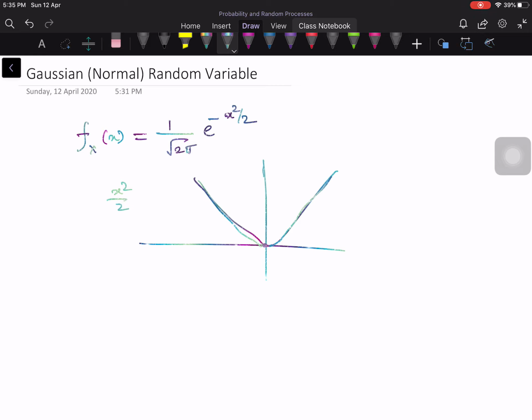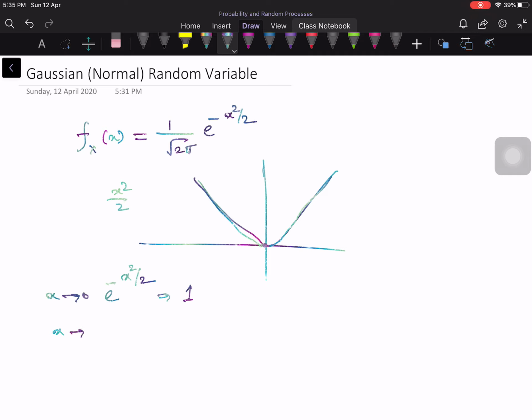Now take this x squared over 2, take the negative of it, and raise e to it. Therefore we take the negative exponential, so e to the minus x squared over 2. Now when x equal to 0, this implies 1.